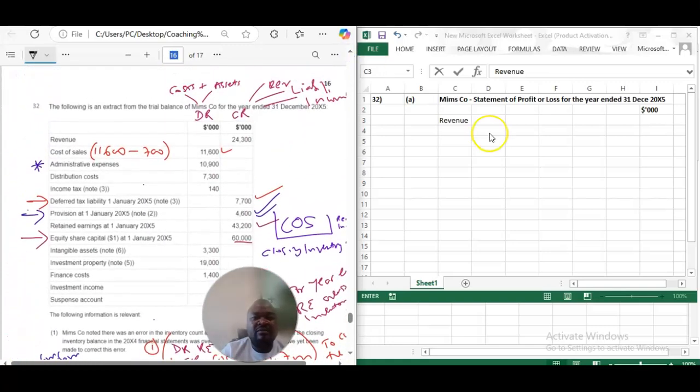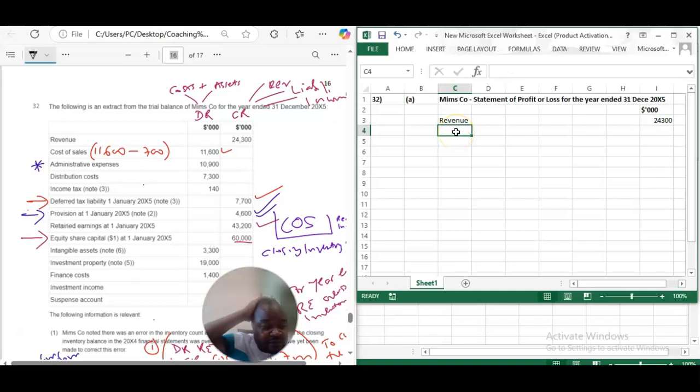I think I am correct there. We have never done an adjustment related to revenue, so just pick the figure as it is. That's 24,300.